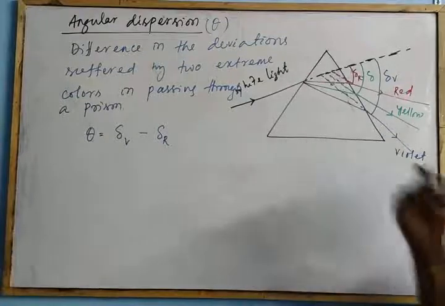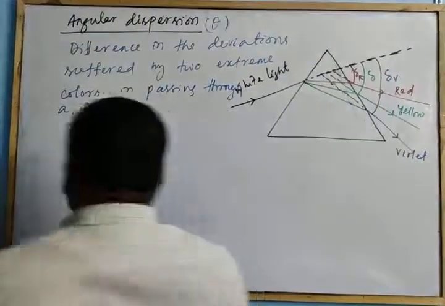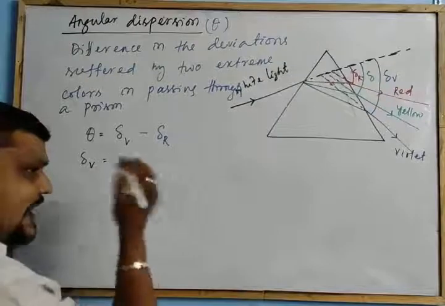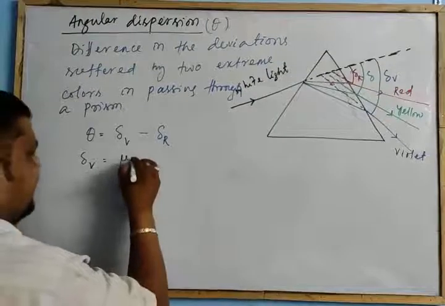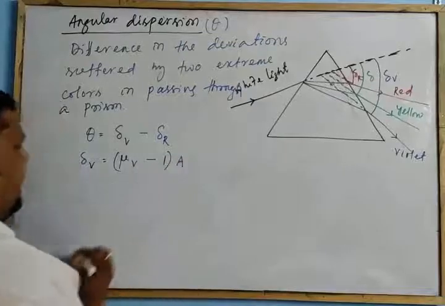Now you can find the expression for theta in terms of refractive index. As you know, delta V, the angular deviation of violet, for a small angle prism, the formula is (refractive index for violet mu V minus 1) into A, the angle of the prism.